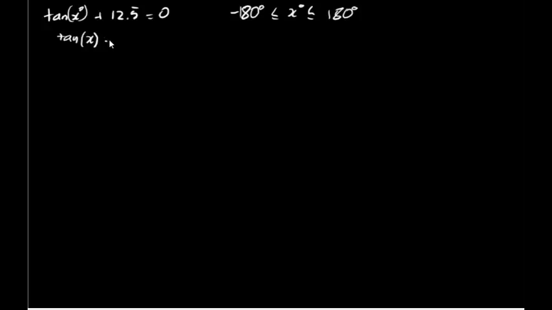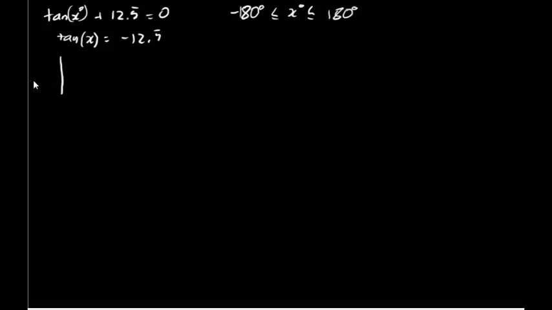So we've got tan of x in degrees plus 12.5 equals 0. And we're looking for angles between minus 180 and positive 180. So similar to the last few examples, we need tan of x is equal to minus 12.5.